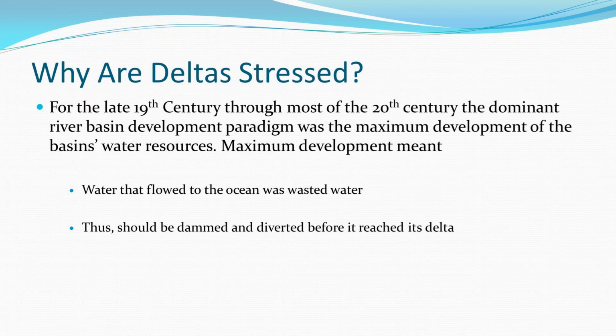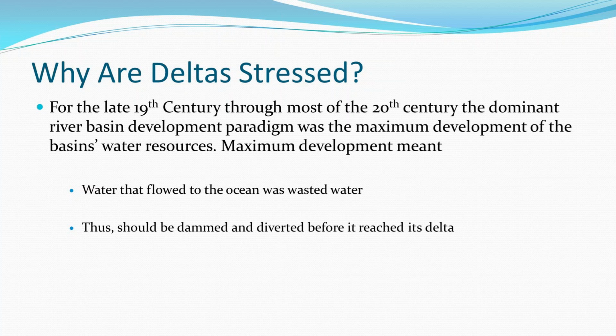So from a policy perspective, if you look at the history of water resources development in the major countries that did it, the United States, the former Soviet Union, parts of Africa, the dominant river basin development paradigm was maximum development of the basin's water resources.